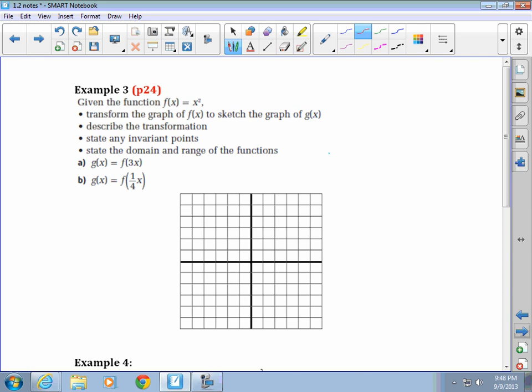Example 3. Given the function f(x) is equal to x squared, so our regular parabola, describe the transformation. State the invariant points and state the domain. So in these problems, or these examples, this 3, or the value, is being multiplied in there. That's a k value. So if it's being multiplied in here, it means we're going to have horizontal changes.